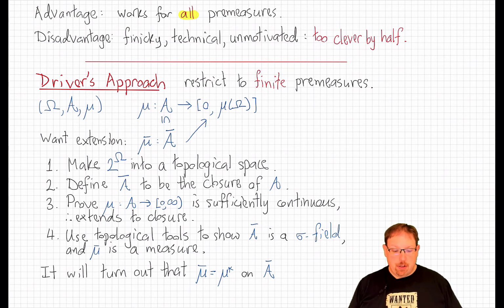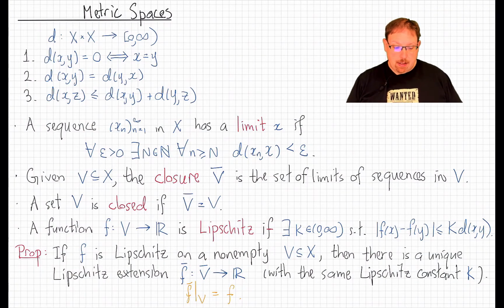So how do we turn 2 to the omega into a nice topological space with the topology somehow adapted to the premeasure mu? Well, ideally, we'd like it to be a metric space. Let's briefly review what that means.